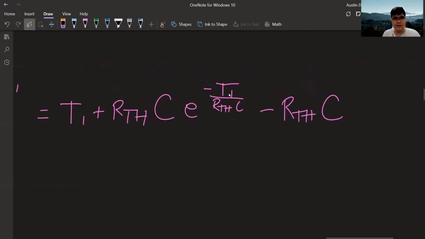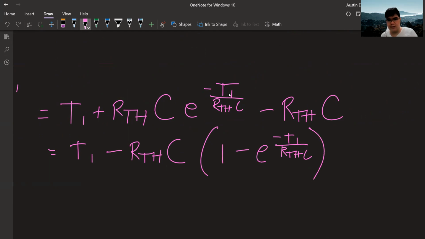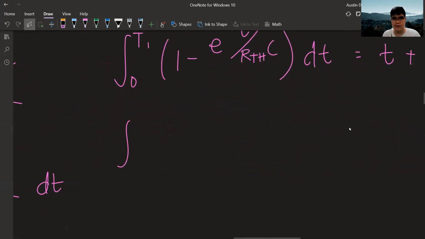So this gives me T1 plus RTH capital C. I think mas maganda kung factor out yung negative. Tapos, this is 1 minus E raised to negative T1 over RTH C. Okay?